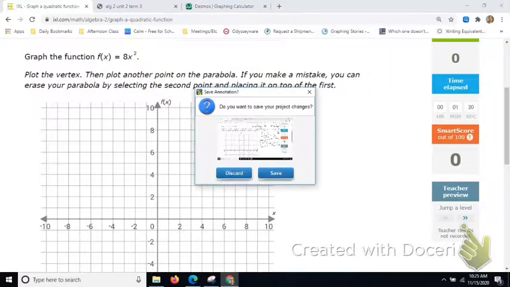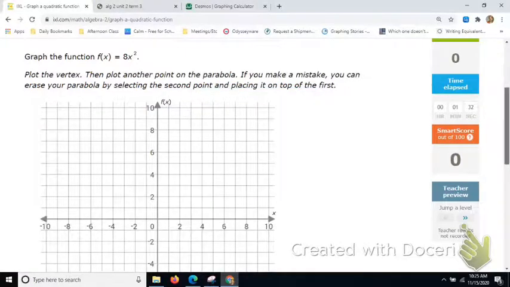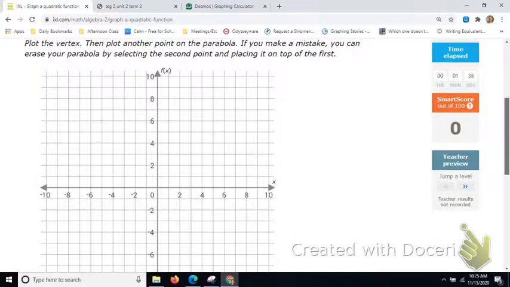And then we just need to plug in one number to plot a point on the graph. So 0, 0, and now if I put in a 1, 1 squared is 1, and 1 times 8 is 8. And then IXL makes the other side of my parabola for me. So that's why I say pretty easy.